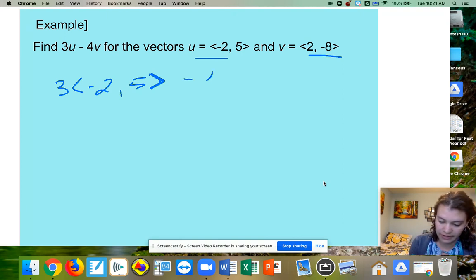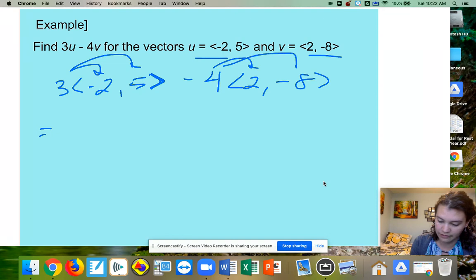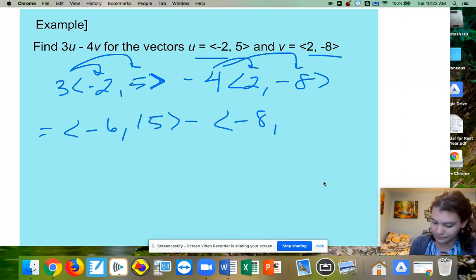So we want our 4v to be 4 times <-4, 8>. And then distribute the 3 and then 4 in. So you get <-6, 15> minus <-16, 32>.